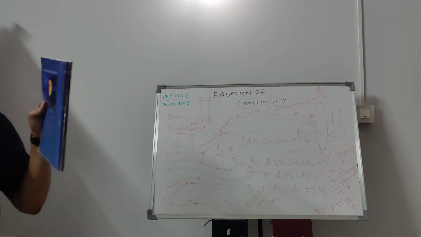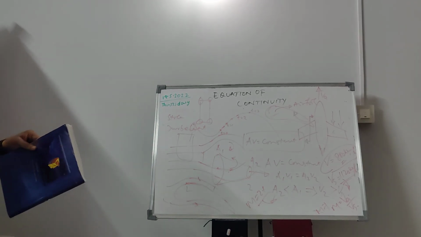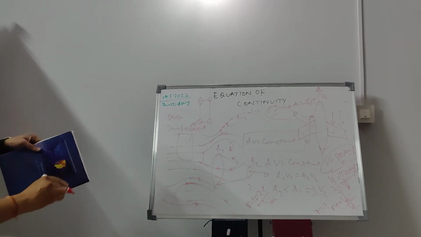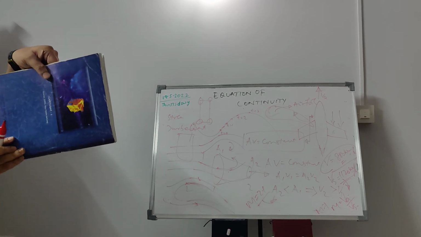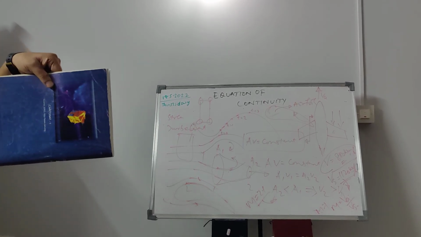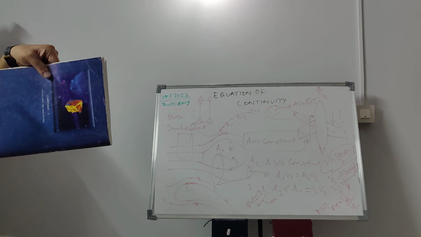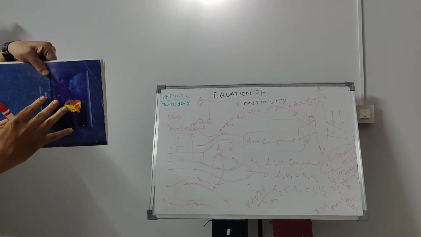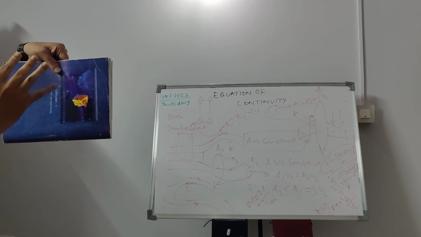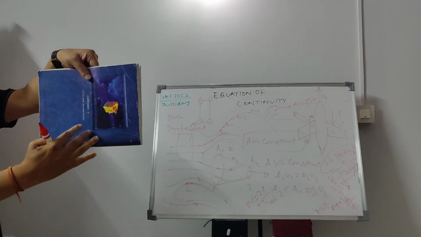Suppose the cross section is such that the air is flowing smoothly. Suppose I have a rectangular cross section. Air is coming. If it is a rectangular cross section, it will face the air and the resistance will be too high.